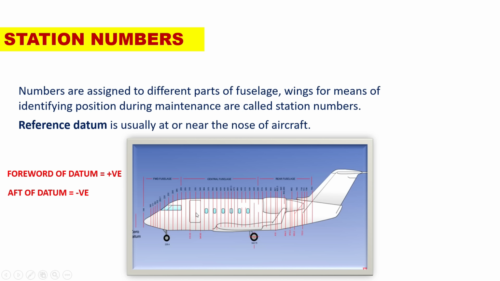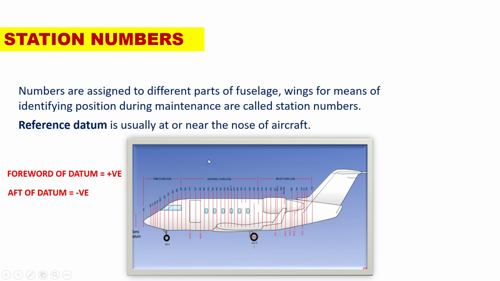So if I had to tell a maintenance worker that some damage has happened on a part of the aircraft, it would be very easy for me to identify a particular position, give it a number and tell them, this part has an issue, go and fix it, because aircraft are large, very big bodies, right?